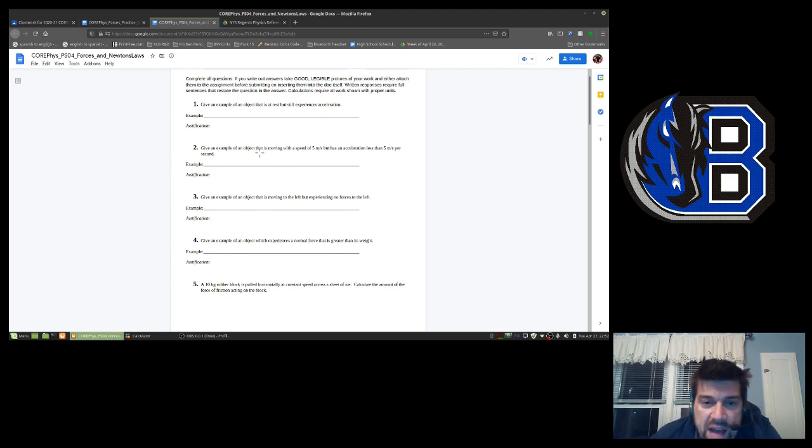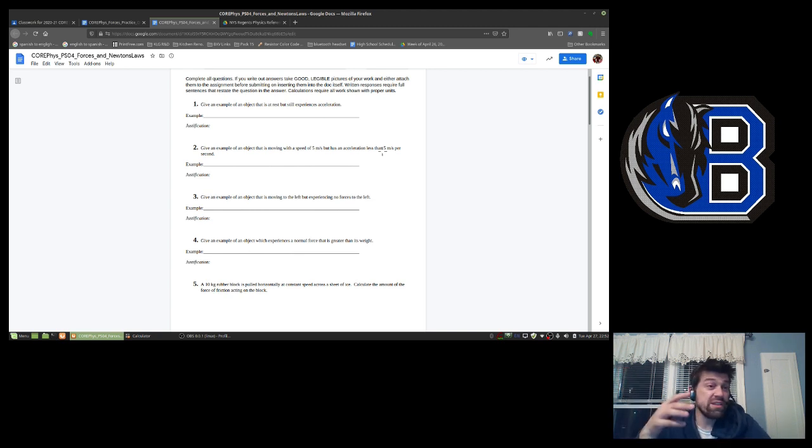An example of an object that's moving with a speed of 5 meters per second, but has an acceleration less than that. Could be it's moving 5 meters per second, but it has an acceleration of 4 meters per second squared. The point of this question is to really drive home that they're different things. Velocity is how the object is moving, and acceleration is the rate at which that's changing.